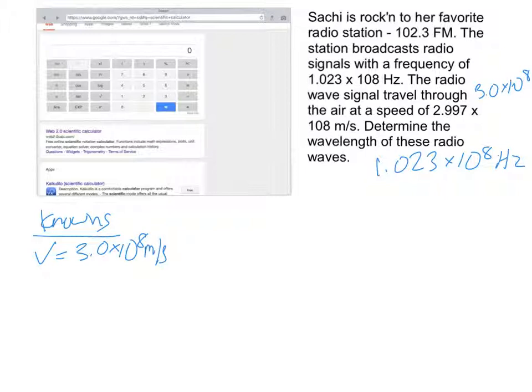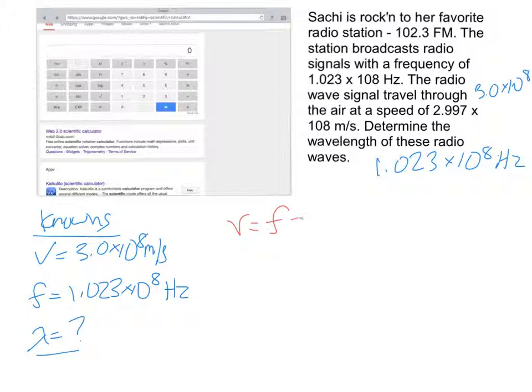I also know the frequency is equal to 1.023 times 10 to the 8th hertz. So we are trying to find wavelength. So here's my knowns. My unknown is wavelength, and I know that I have the equation wave speed is equal to frequency times wavelength.